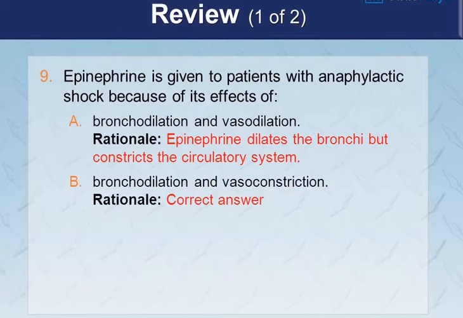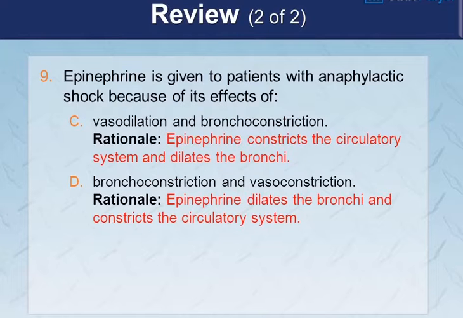Review 1 of 2. Epinephrine is given to patients with anaphylactic shock because of its effects of bronchodilation and vasodilation. Rationale: epinephrine dilates the bronchi but constricts the circulatory system. Bronchodilation and vasoconstriction. Rationale: correct answer. Review 2 of 2.